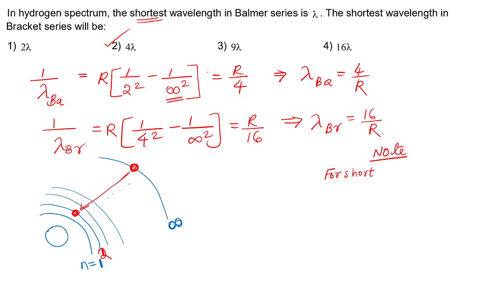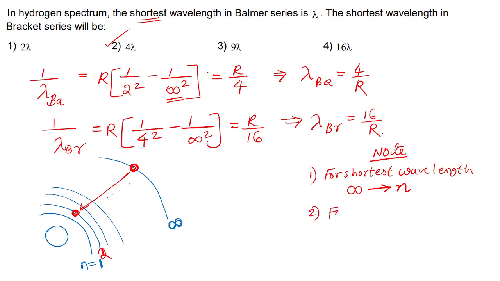For the shortest wavelength, you have to memorize this: the jumping from infinity to n. I am using symbols because I don't want to use a long sentence. For the shortest wavelength, the jumping should be done from infinity to that number.